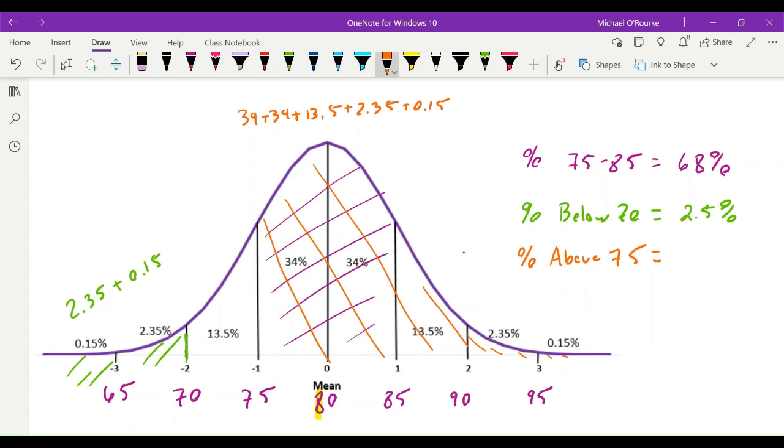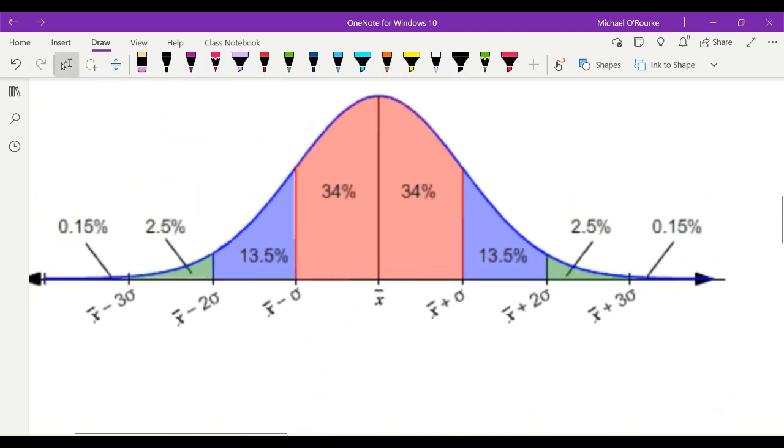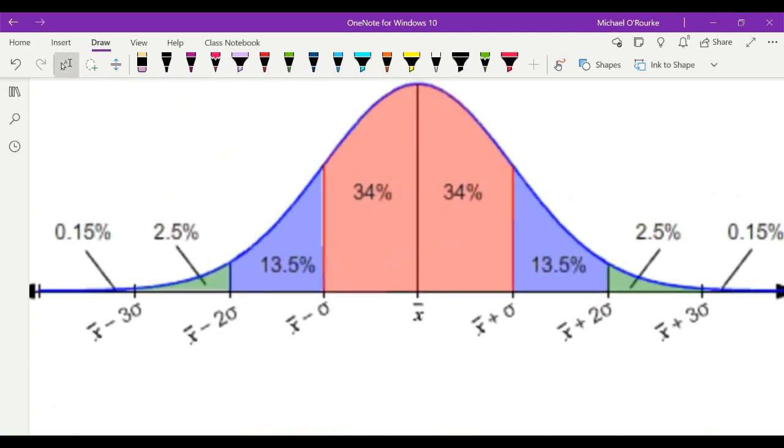All right, so let me do that math real quick. 68 plus 13.5 plus... 84% of the class. Okay, so within a normal curve, these percentages hold true.